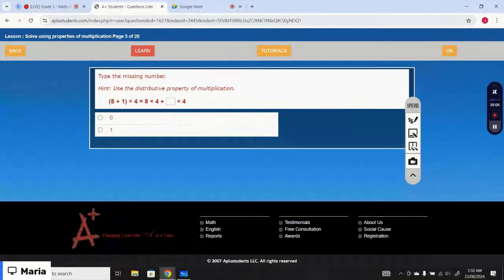Type the missing number. 8 plus 1 times 4 equals 8 times 4 plus the missing number times 4. So which number is missing?